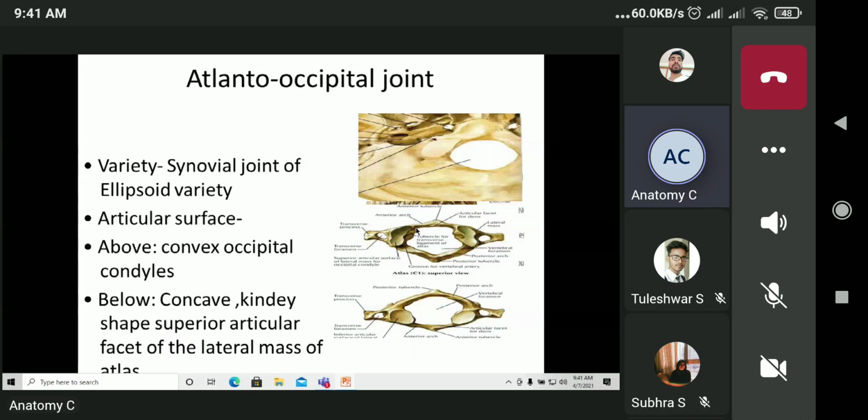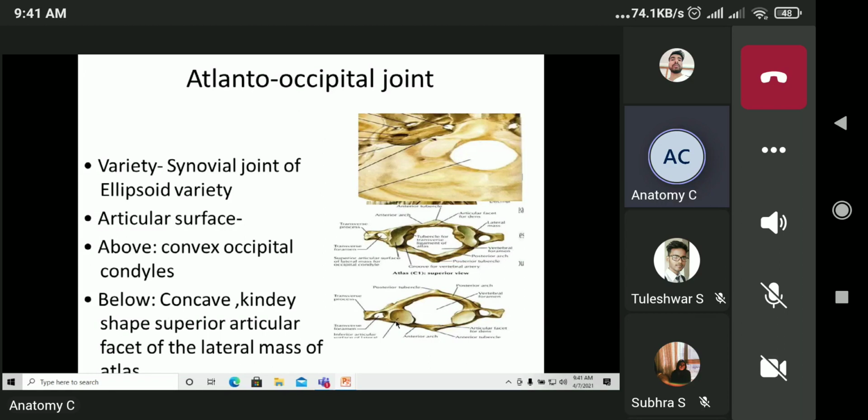On the lateral mass of the atlas there is a kidney-shaped superior articulating facet. This is the superior surface, where the occipital condyle will articulate, whereas the inferior surface is where the axis will articulate.